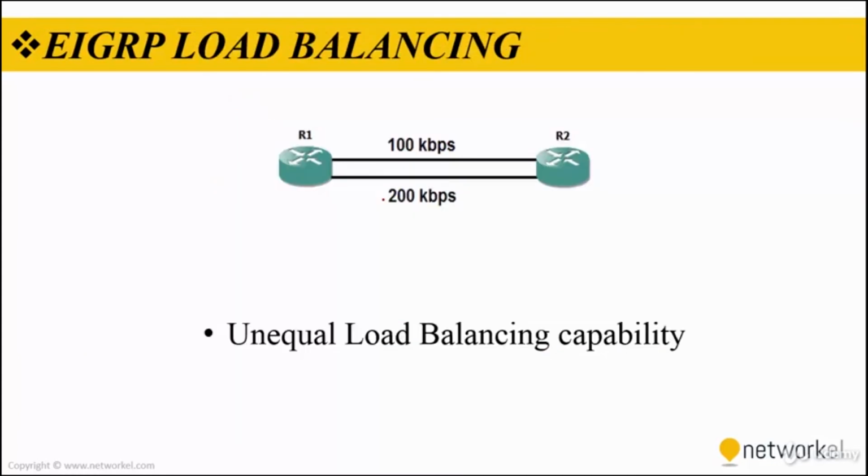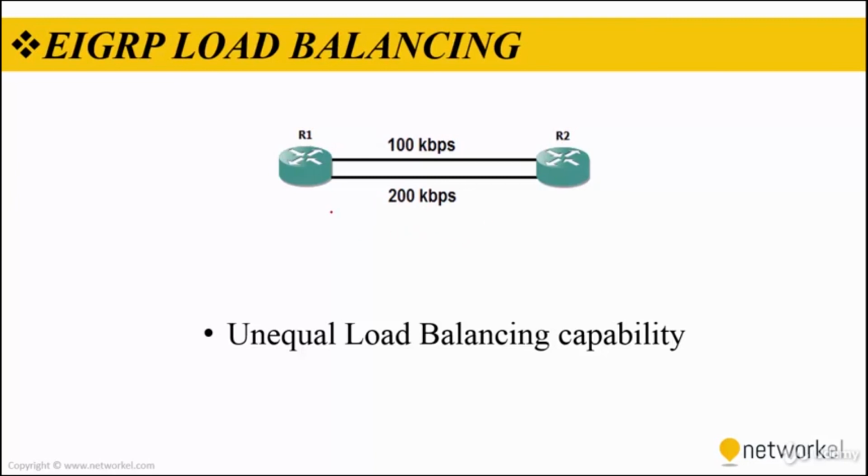EIGRP can distribute traffic across multiple links to the same destination to increase bandwidth utilization effectively. EIGRP has the ability to make load balancing equal or unequal. By default, you can load balance up to 4 equal paths in EIGRP, and only feasible successor paths can be used in load balancing to make sure there are no loops in paths in EIGRP.